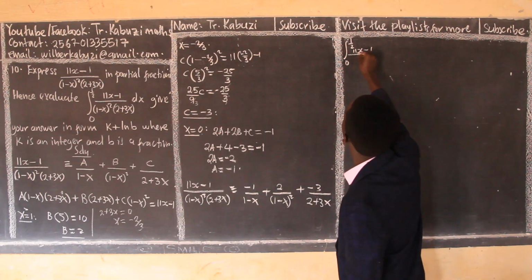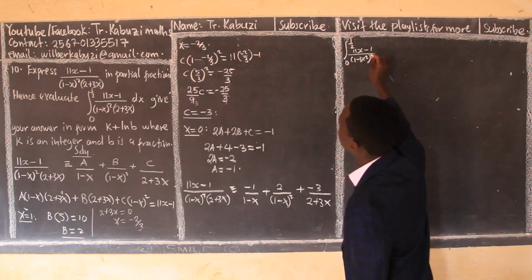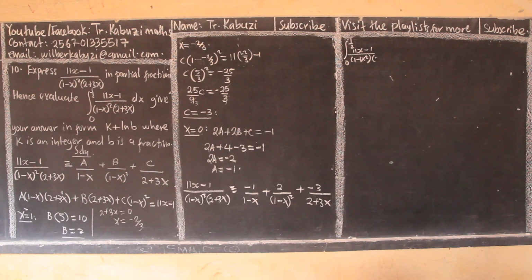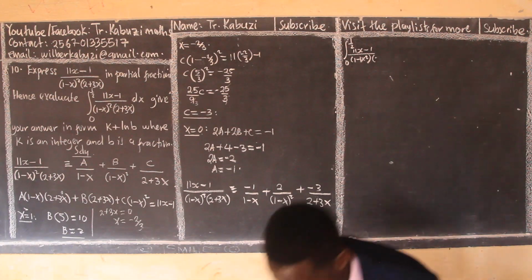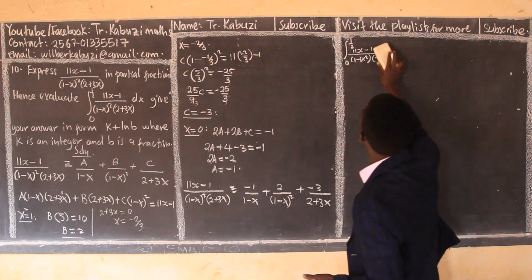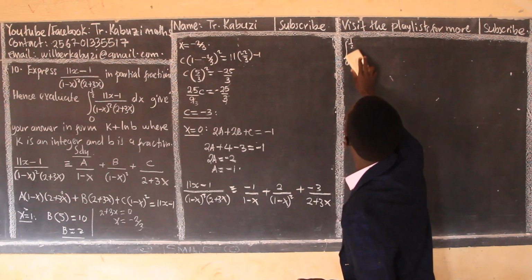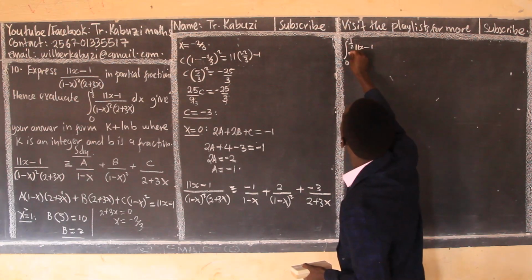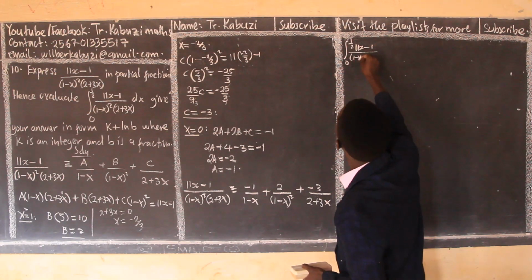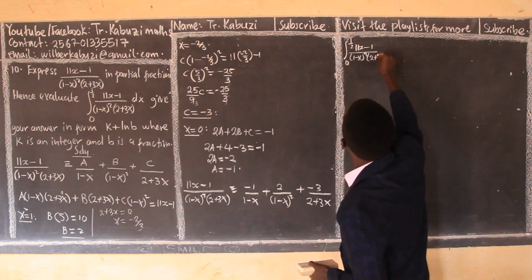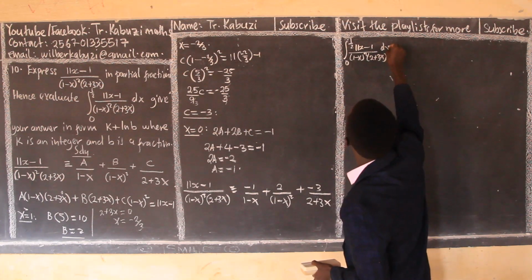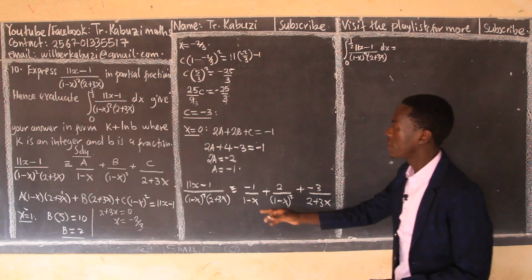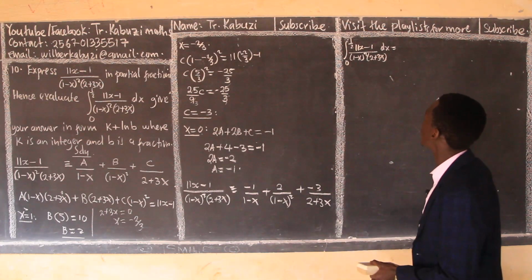11x minus 1 over 1 minus x squared, sorry, let me write it properly here. Let me make it look more proper. So here I have 11x. Now, if you integrate this side, it's the same as integrating that.